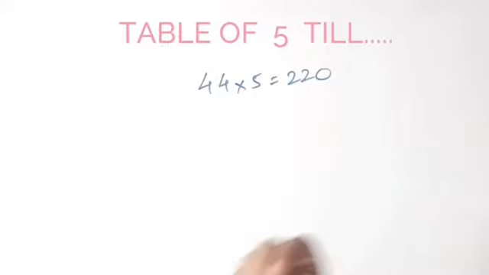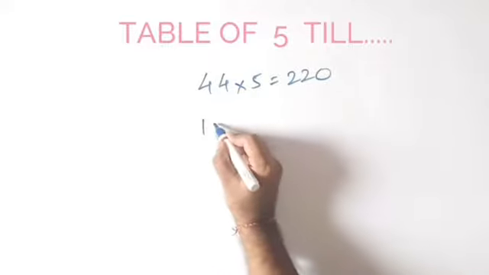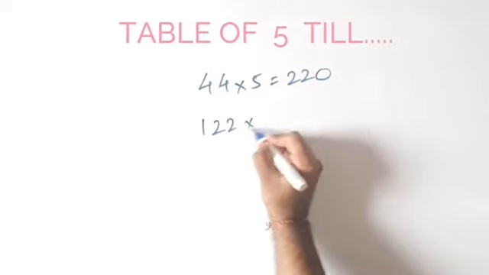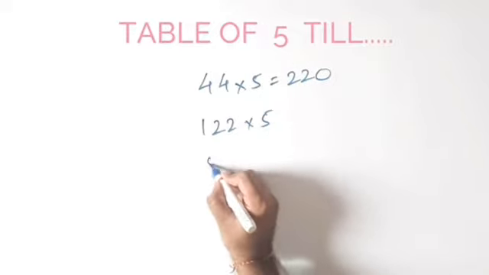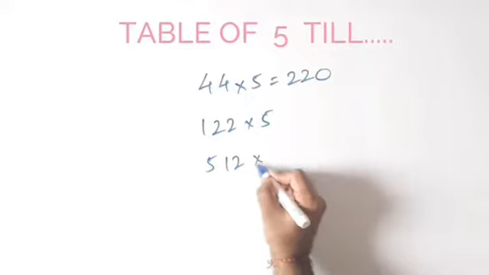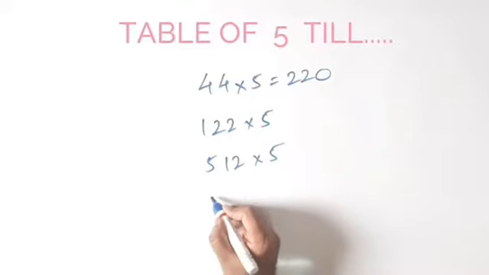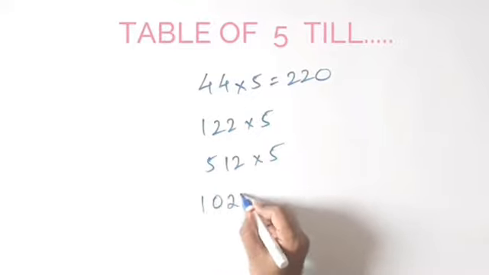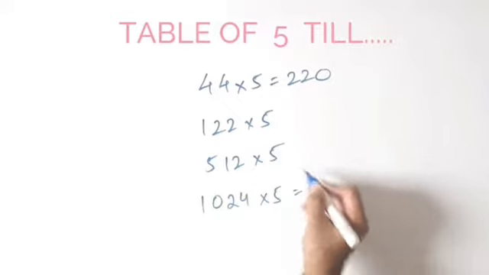Okay, so a few more examples I'll write. Let us say 122 times 5, then 512 into 5, then I'll write 1024 into 5.